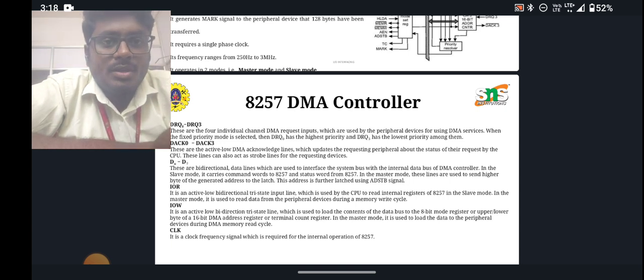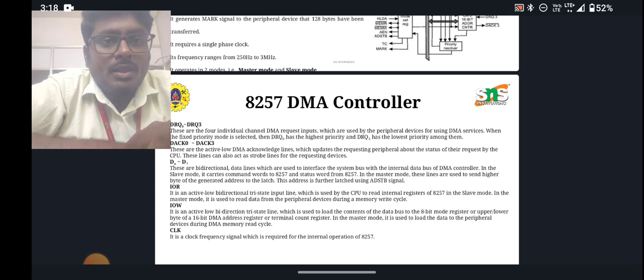DAC0 to DAC3: these are the active low DMA acknowledge lines which update the requesting peripheral about the status of their request by the CPU. These lines can also act as strobe lines for the requesting devices.